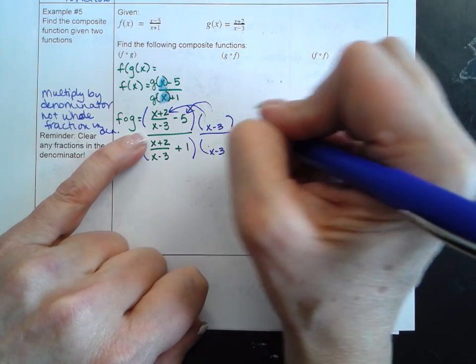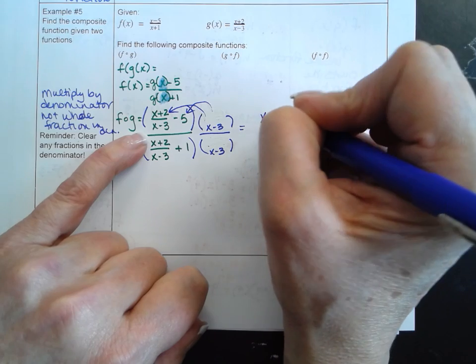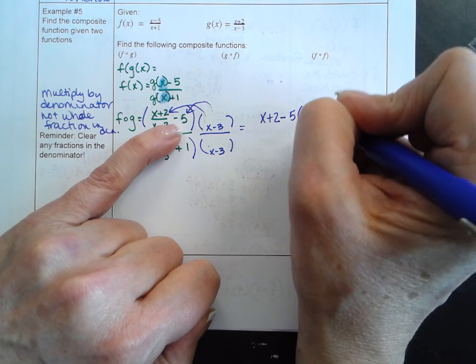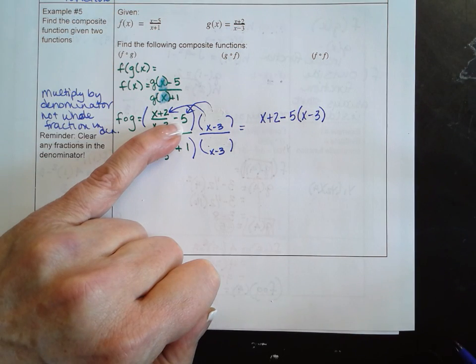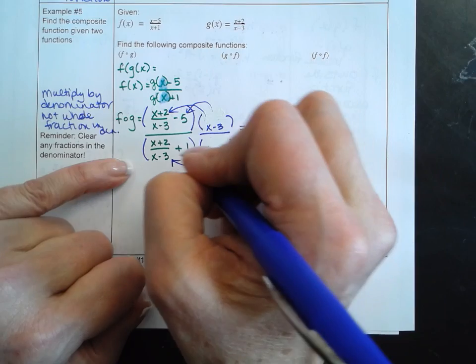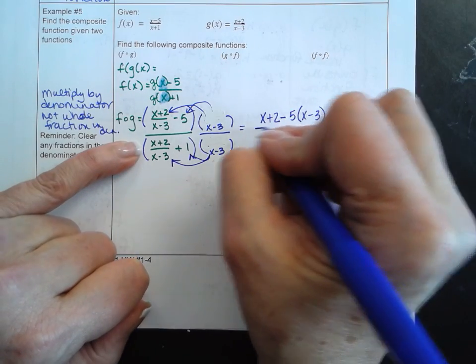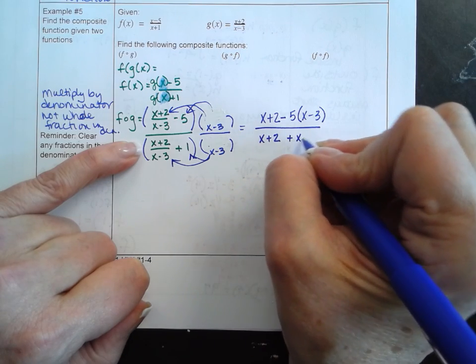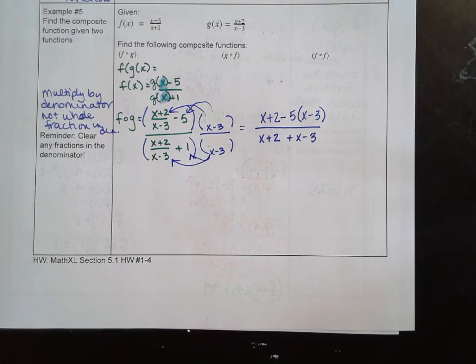So, I'm left with x plus 2 minus 5 times x minus 3 on the top. Is everybody with me how I got there? And then when I multiply, I'm going to be on the bottom left with x plus 2 plus x minus 3. Good with that one?